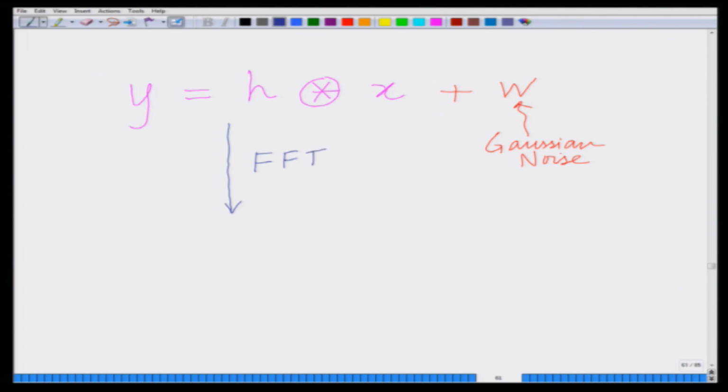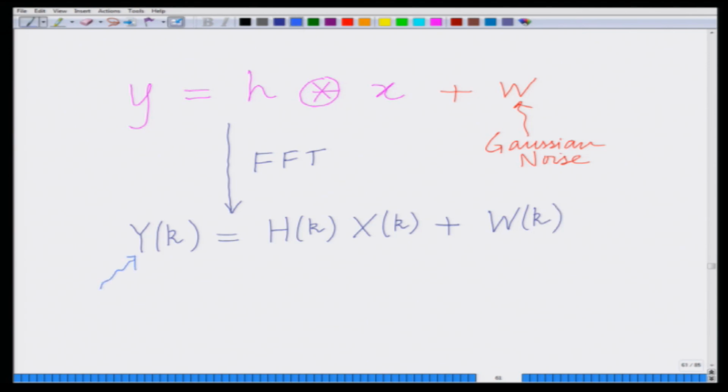Once we take the FFT at the receiver, remember, in OFDM we take the FFT at the receiver, we have Yk equals Hk times Xk, where Xk is the symbol on the kth subcarrier, plus, since the FFT operation is a linear operation, Wk, where Wk is the FFT of the noise.